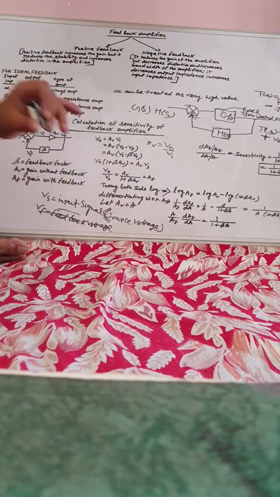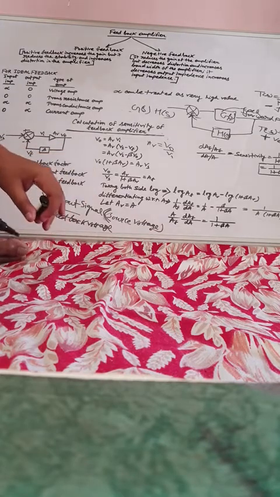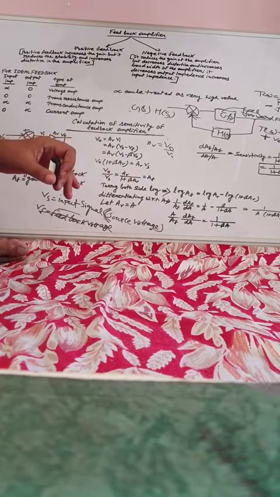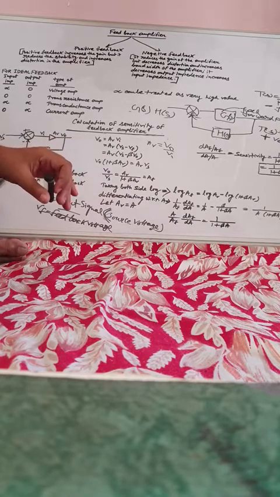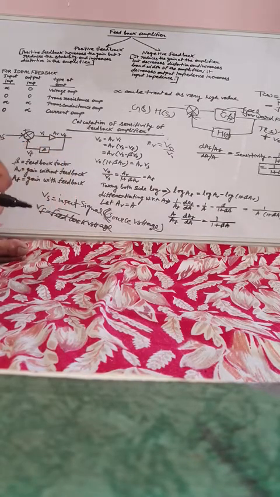Industrially, in all the applications of control system, we use negative feedback amplifier because it reduces the distortion and increases the bandwidth.